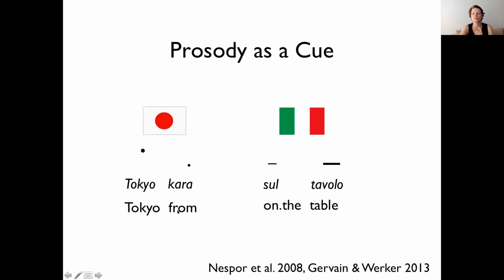So in functor final languages like Japanese, the biggest contrast is carried by pitch, intensity and pitch to some extent. Whereas in frequent initial languages, the contrast is typically carried by duration, lengthening of the prominent element.